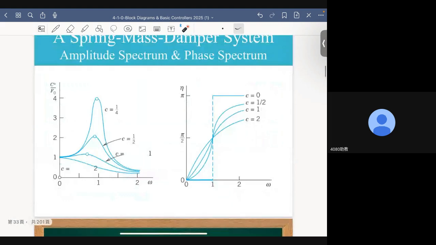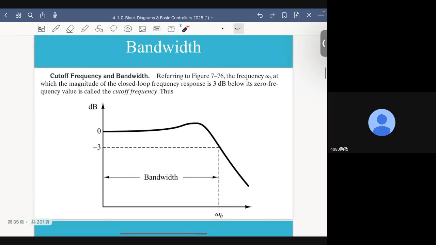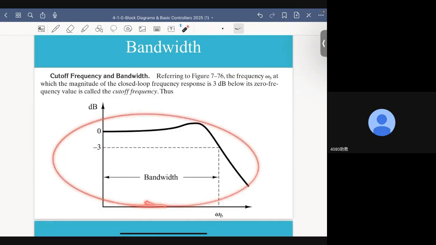But first, let's go one step further to talk about frequency response. There is one idea which we talked about, I think, last week. That is the idea of bandwidth. Okay, now this is one way to define bandwidth.